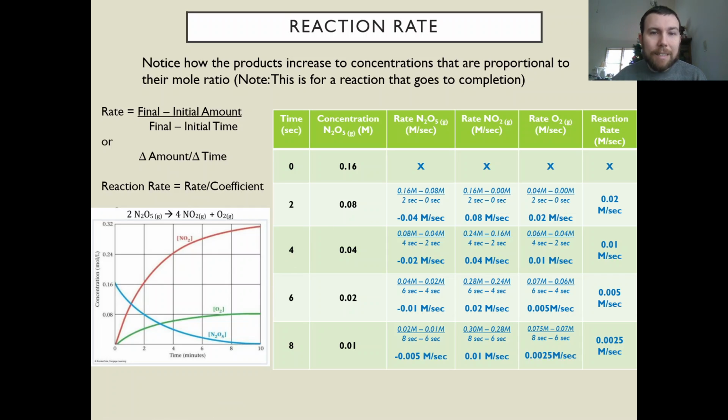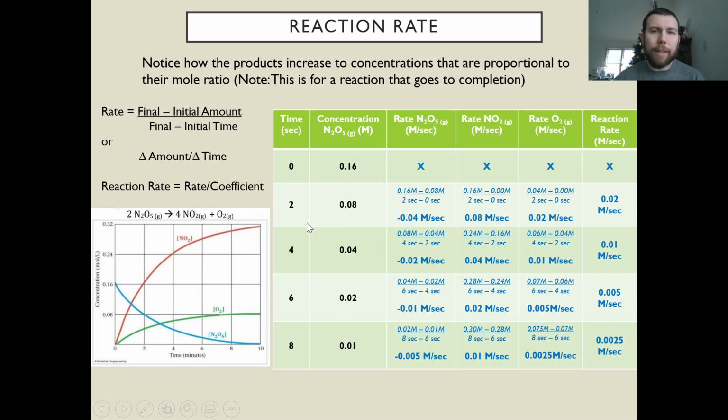Well, that being the case, we can then start to set up and calculate our rate at that particular point, right? So we do final minus initial. So it should be 0.08 minus 0.16, right? And that's going to give us negative 0.08, divided by 2 seconds, so we get a rate that's negative 0.04 molar per second.